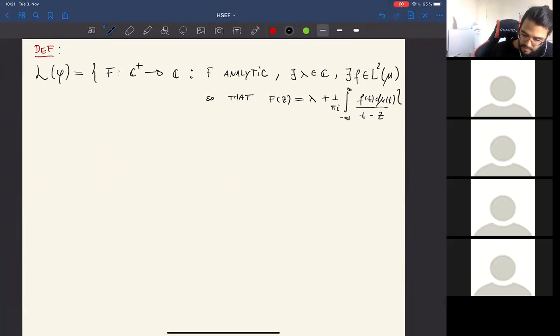Yes. Okay, that's the definition of the L_phi space.